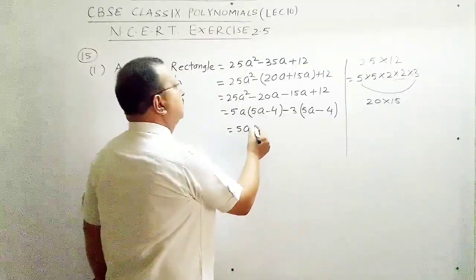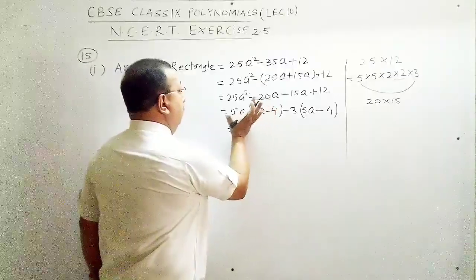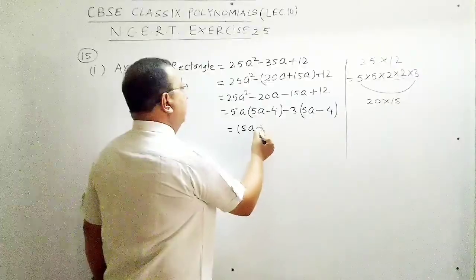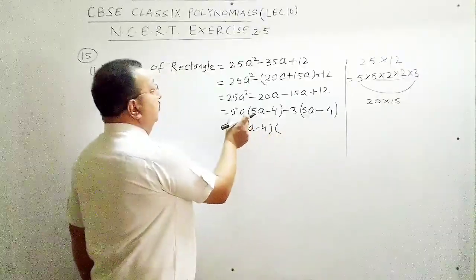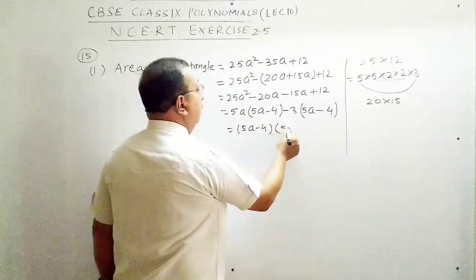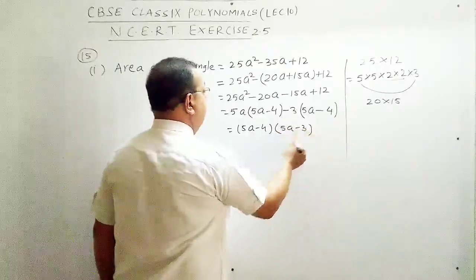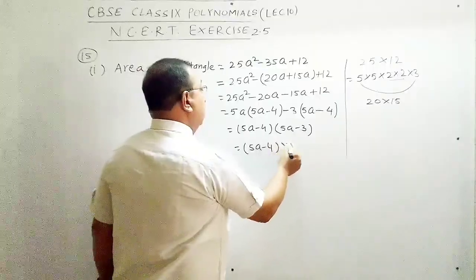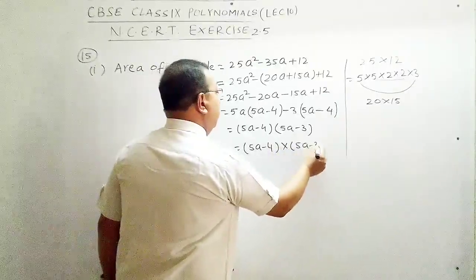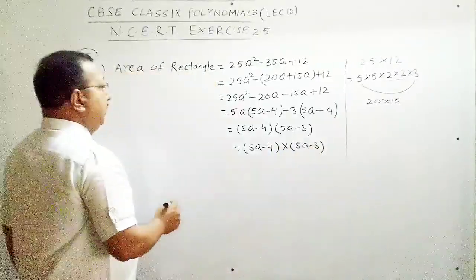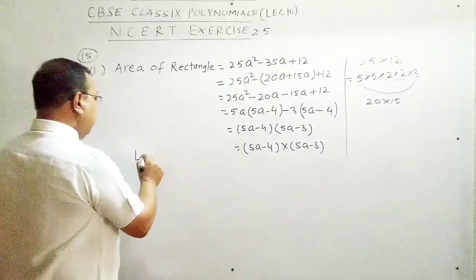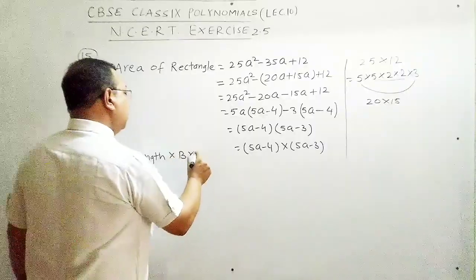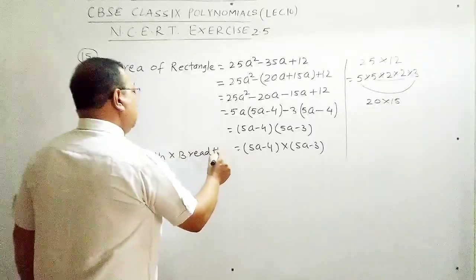5a minus 4 is common from both. So 5a minus 4 common, from the first term 5a, from the second minus 3 is left. You can write it as 5a minus 4 into 5a minus 3. You know, area of rectangle is length into breadth.